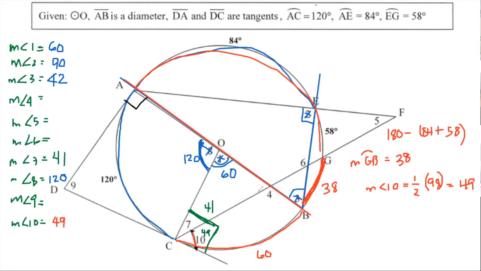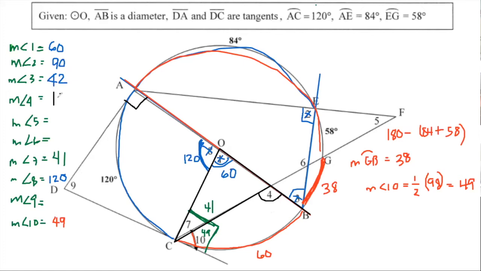And then 4 is actually what? 4 is actually the exterior angle of the triangle with CO right here. Do you see that? That black triangle, the 4 becomes an exterior angle. If it's an exterior angle, then it's the sum of 60 and 41.